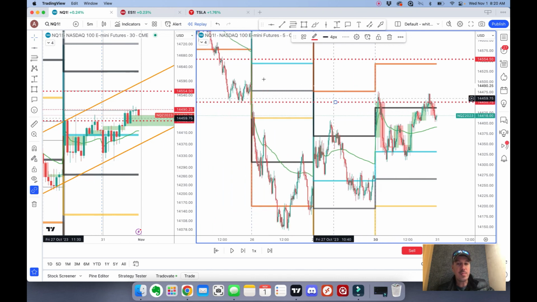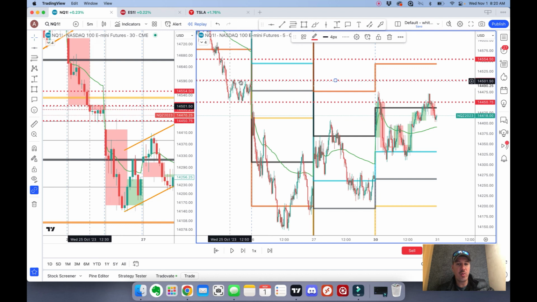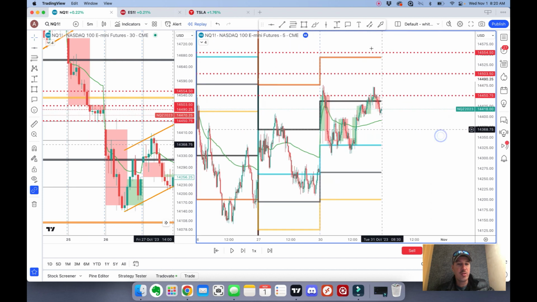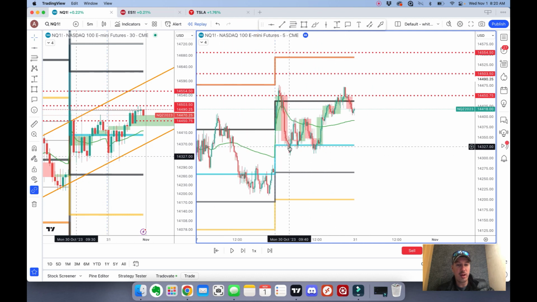And then you can also draw another line, possibly right here, sort of like a zone. If it ends up getting in the zone, it could consolidate. But if it breaks above, then there's not a lot above. Below, you can see that this held really well, so you can put another line here.